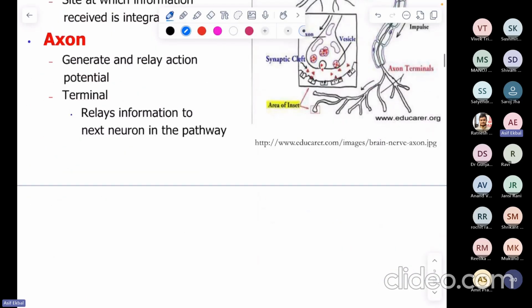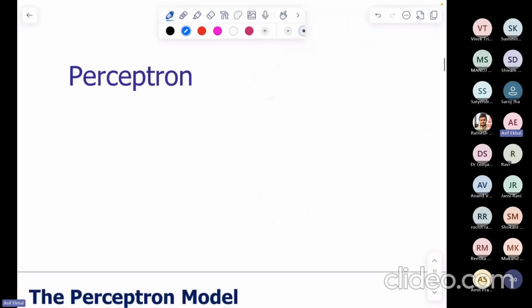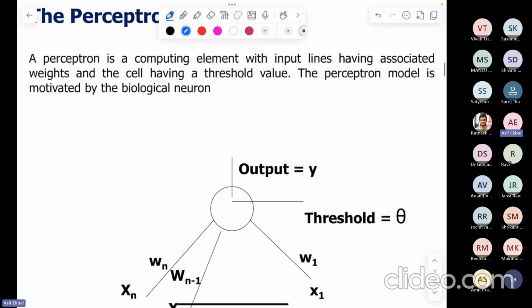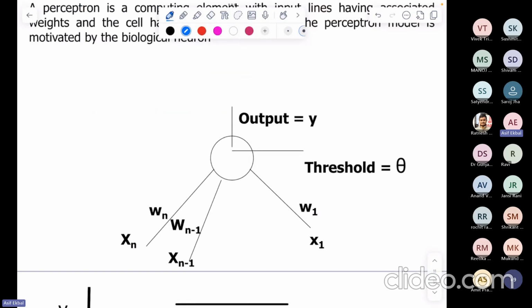This exact same behavior we have to inculcate into a computing model that can be useful for doing computations. And this is known as the perceptron model. In the perceptron model, like the cell body of the neuron, it also captures information.